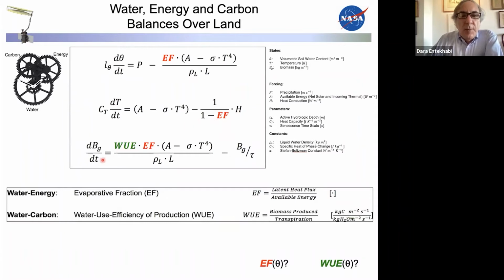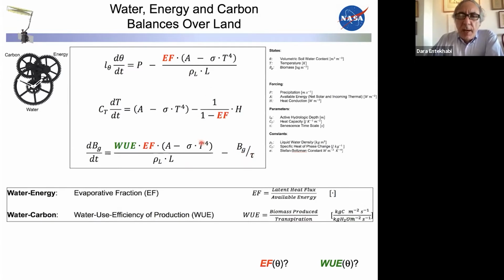And then there's the carbon balance, which says that the biomass is proportional to how much evapotranspiration is happening, but translated into carbon. So there's a water use efficiency, which is just the ratio of the carbon flux to the water vapor exchange. So this is the photosynthetic process creating biomass. And then there's a loss of biomass over time.